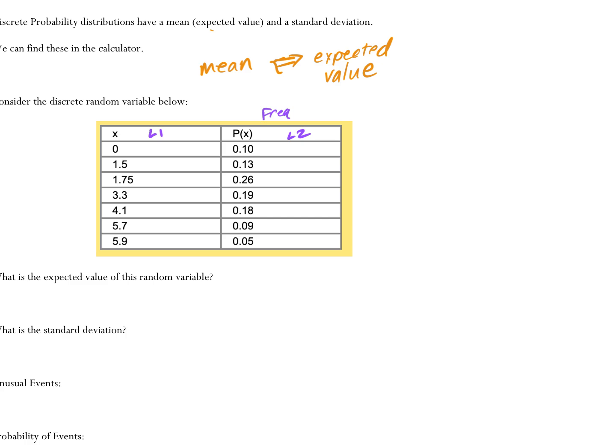All right, you're going to let your frequency list be your L2. So your list should be L1, your frequency list should be L2. Are we good? Okay, great.